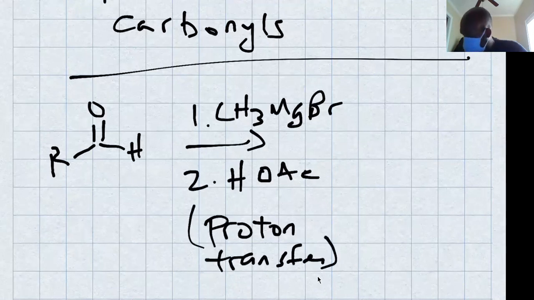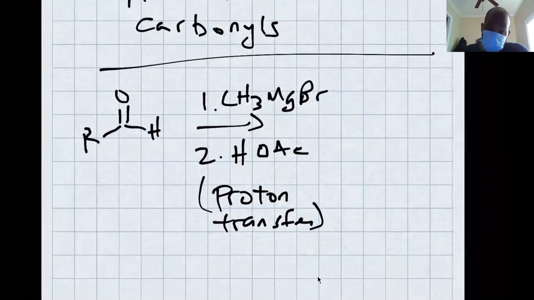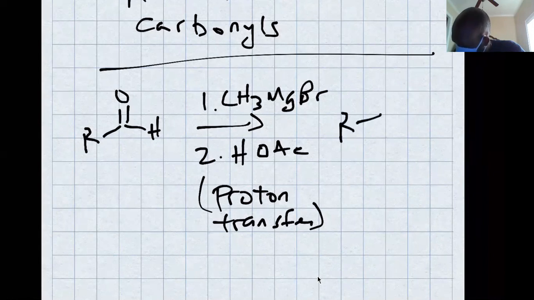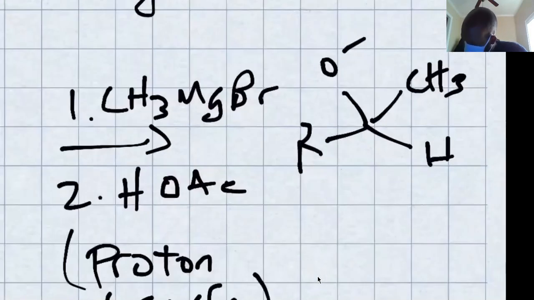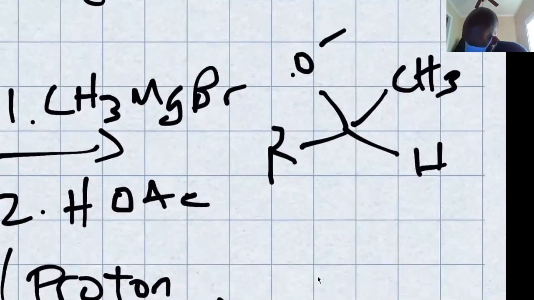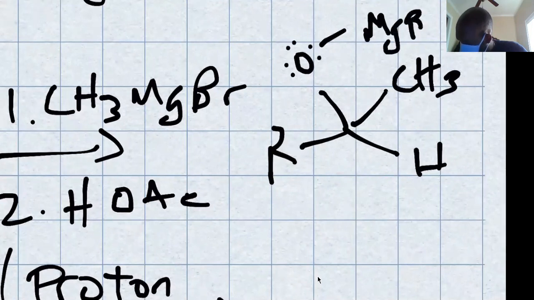So in the first step, I'm not writing the mechanism. What I'm writing out is the stages of the reaction. So after the first step, you're going to get this, and we're going to talk about the mechanism in a minute. O minus CH3, H, and then on that oxygen, that's going to end up forming a salt with your magnesium or whatever your metal is.